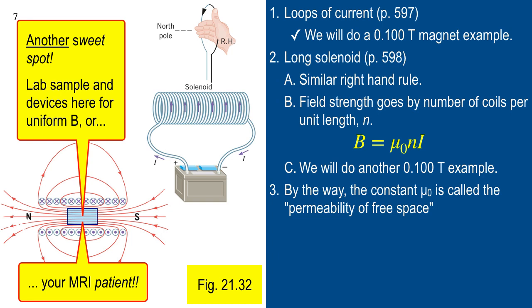Now, I want to give you a little blurb about these constants, these mu naught and epsilon naught and stuff. Mu naught is called the permeability of free space. And it dates back to the times when they thought that magnetic field lines of force were actually permeating a medium.